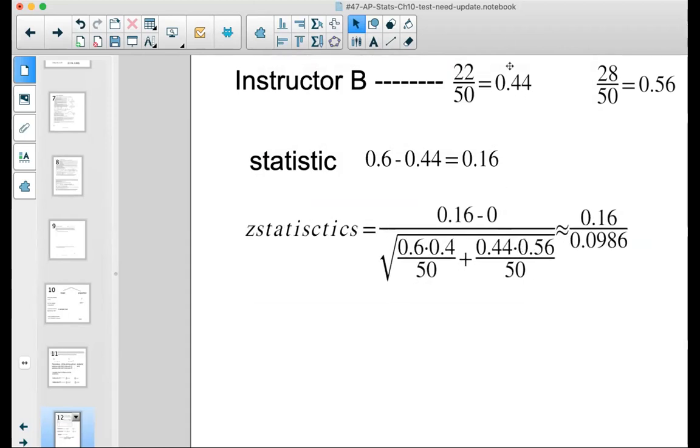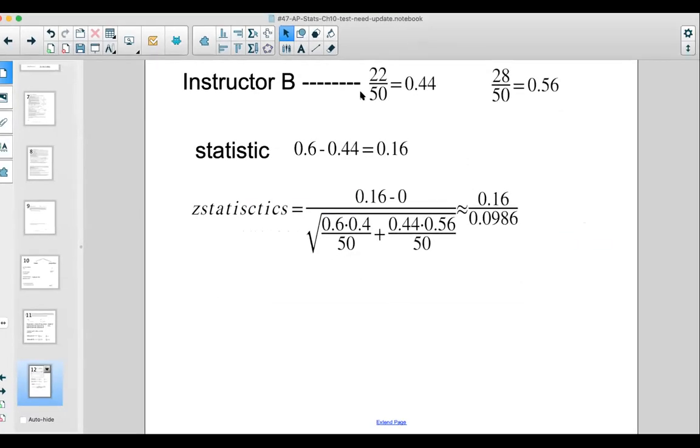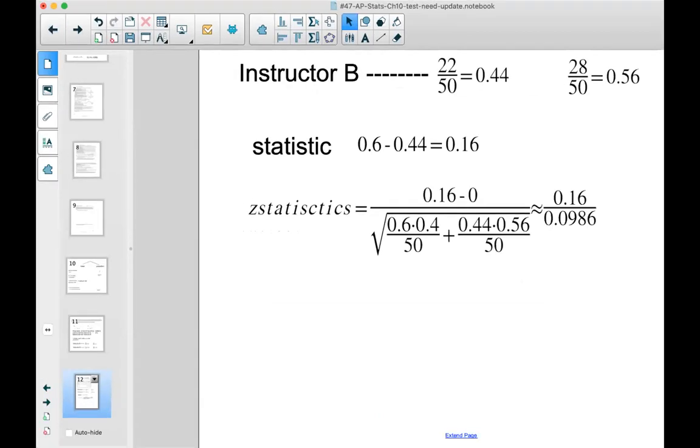All right, let's type this in. 0.16 divided by 0.0986.